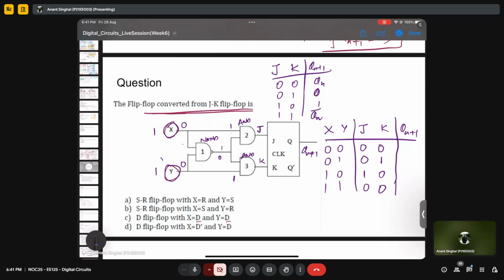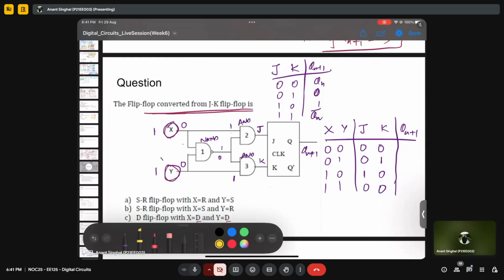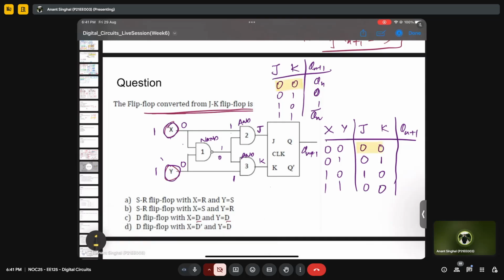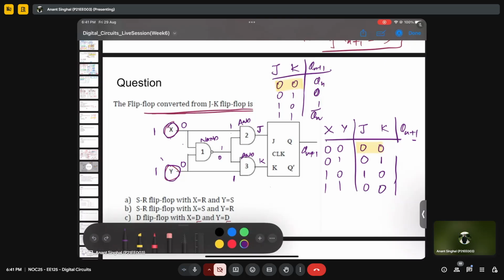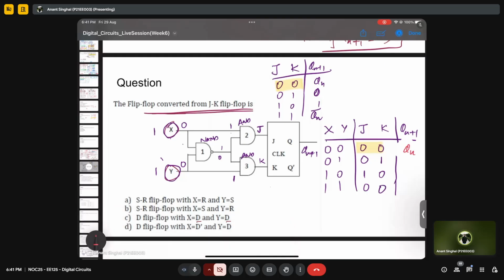Okay. So now when JK is 0 0, you can clearly see it equals Qn, right? Let me write that. Let me use some different color. As I've written above, it is Qn, 0 1 is 0, when it is 1 0 it is 1, and when it is 0 0 it is again Qn, right?